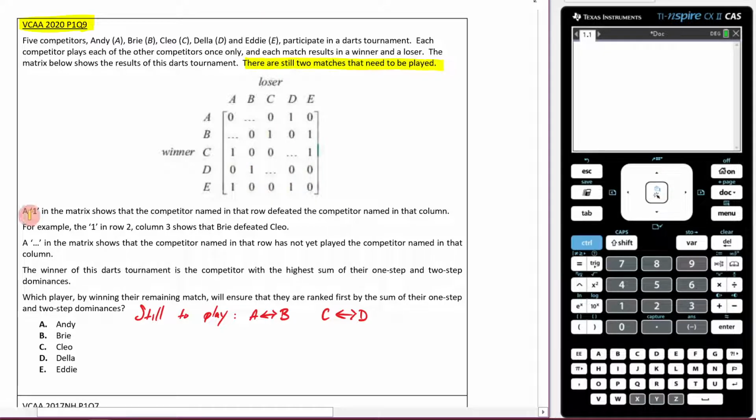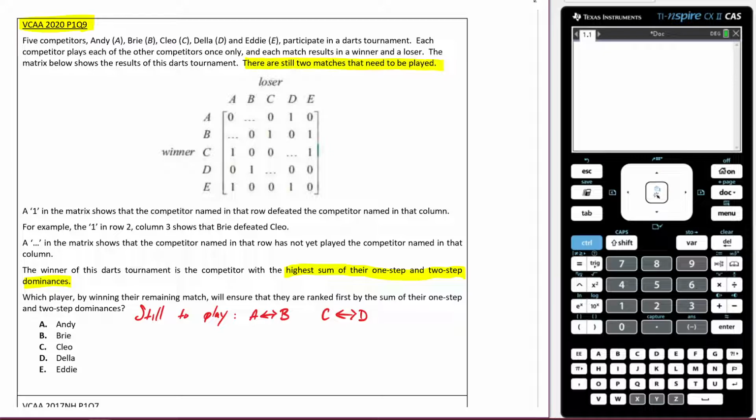It says, a 1 in the matrix shows the competitor named in that row defeated the competitor named in that column. For example, the 1 in row 2 and column 3 shows that Bree defeated Cleo. A blank in the matrix shows that the competitor named in that row has not yet played the competitor named in that column. The winner of the darts competition is the competitor with the highest sum of their 1-step and 2-step dominances. Okay, so what we're going to have to do now to figure this out is consider the total dominance of it.